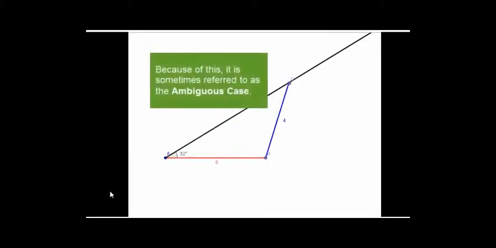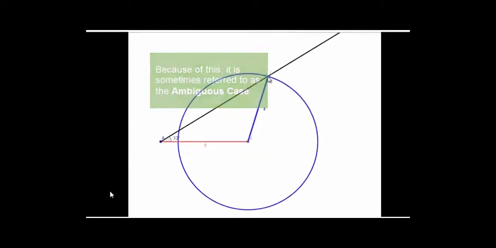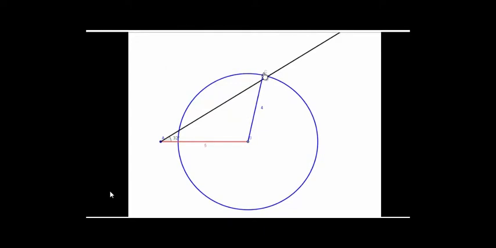So let's create a circle that represents all possible positions of this endpoint C. And you can see that it intersects our ray twice. And what that means is that I actually have 2 different triangles that I could form with the same set of information. So let's go ahead and form these triangles. Triangle 1 and triangle 2.